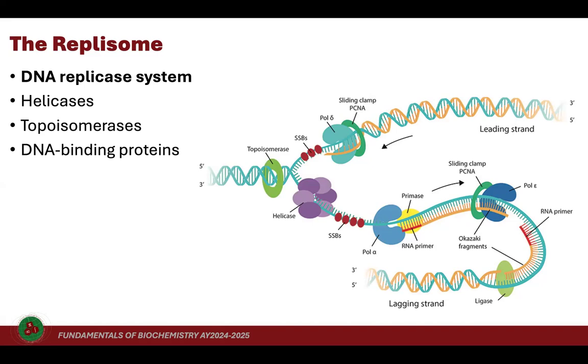So in the meantime, while waiting for the new strand, the exposed single-stranded segments in the replication fork or replication bubble are made stable via DNA binding proteins, or here you see the acronym SSB, which stands for single stranded DNA binding proteins.